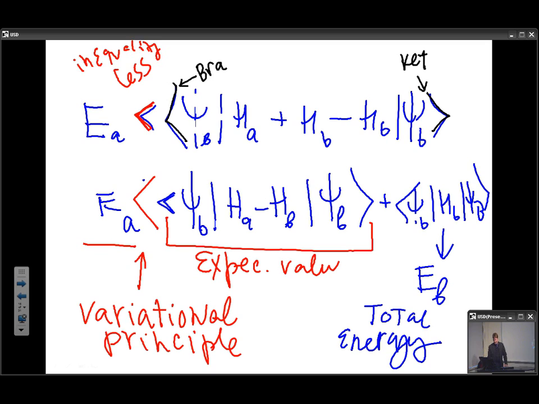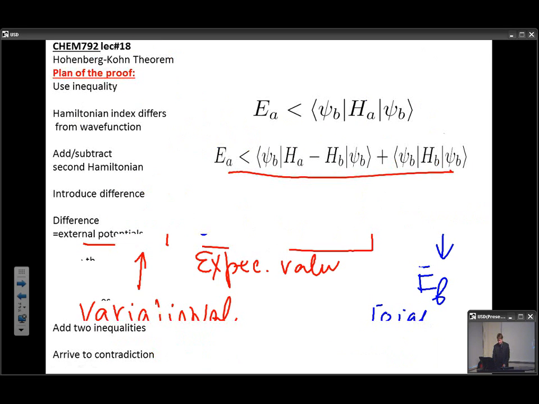So total energy is less than the expectation value of the thing in this bra and this ket. It is not two bra symbols or two less symbols one after another. This means less. This one means bra. Make sense?